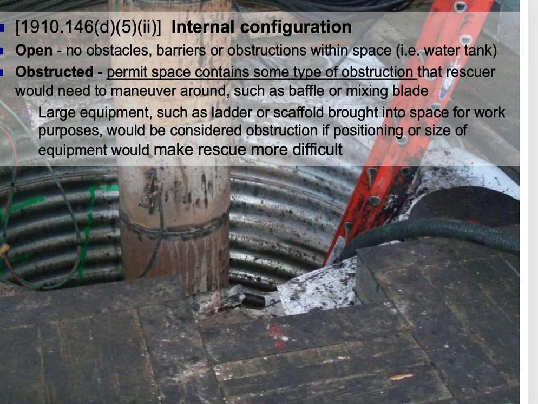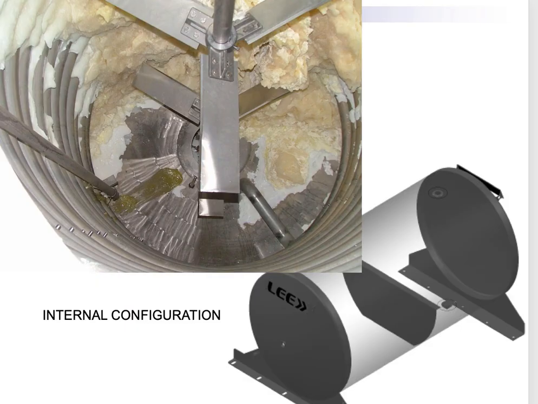So you can see in this example how the ladder makes the confined space that much smaller and would make rescue more difficult. And here's an example of an internal configuration for which you can get caught in climbing up and over these baffles, which I've done before in hazardous material cleanup when you've gone inside of a portable storage tank and the baffles keep it from sloshing around, or a blade inside of a large mixing unit.